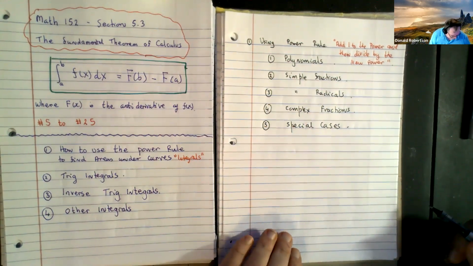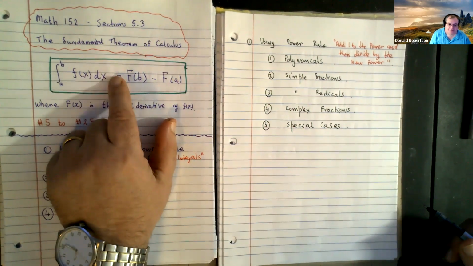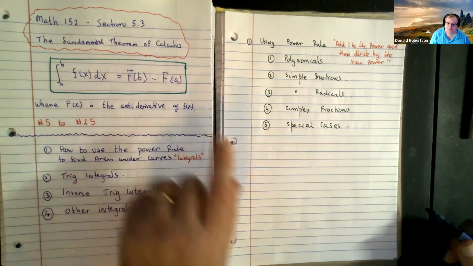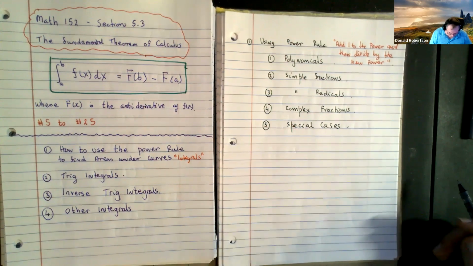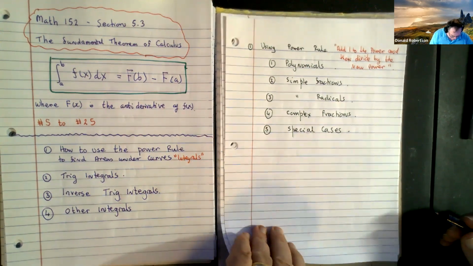We are going to be using this property of antiderivatives to find the area under a curve. We're going to spend a lot of time today on one particular version of that list, and that's called the power rule.